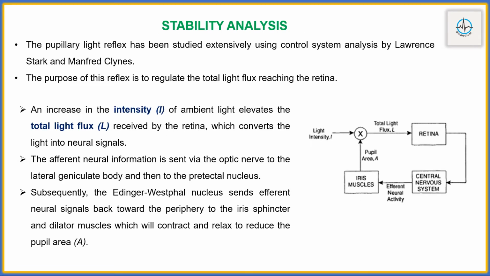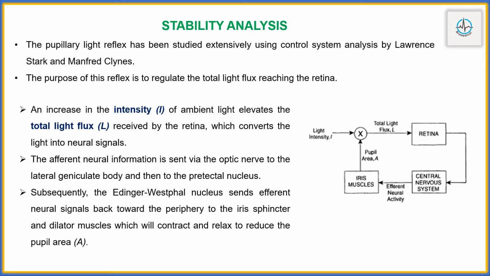Numerous scientists have tried to develop a control system model which can replace the physiological working of pupillary light reflex. One such model was developed by Lawrence Stark and Alfred Linz to regulate the total light flux reaching the retina. An increase in the intensity of ambient light will elevate the total light flux received by the retina, and the light signals will be converted into neural signals.